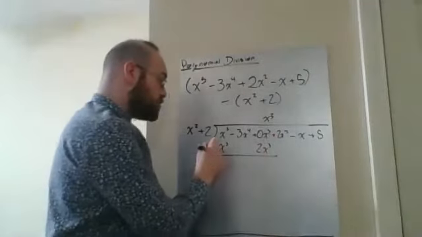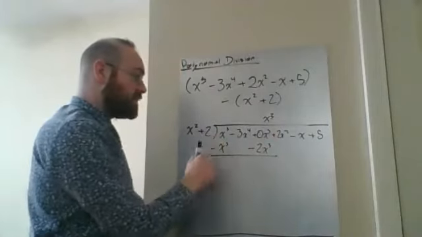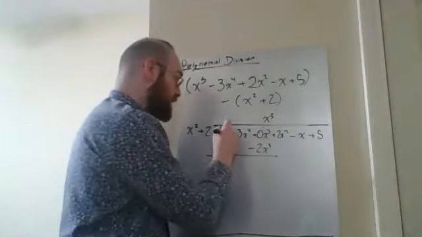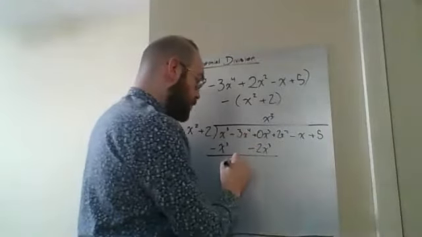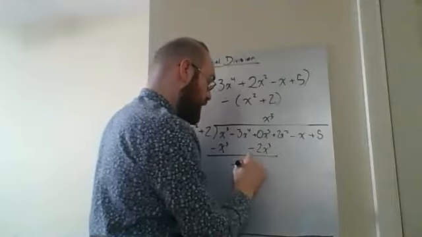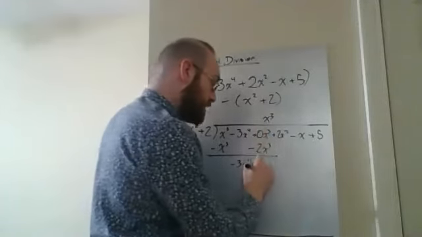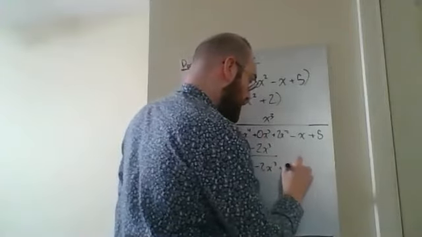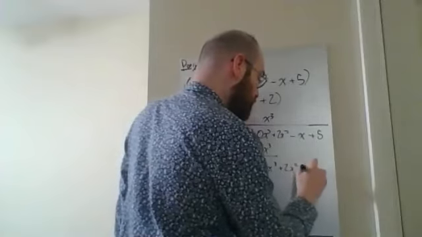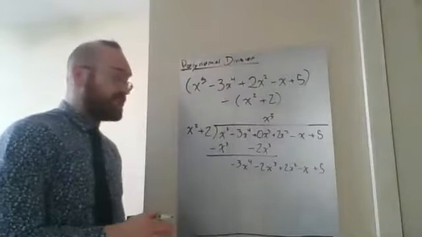So since there are two terms, I'm going to subtract each of them. And so x to the fifth minus x to the fifth, these just cancel out, and we get 0. And then we carry down negative 3x to the fourth, and we add 0 plus negative 2 gives us negative 2x cubed. And now we can carry down everything else that remains in the dividend.